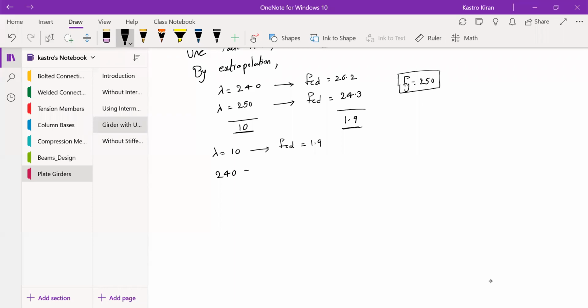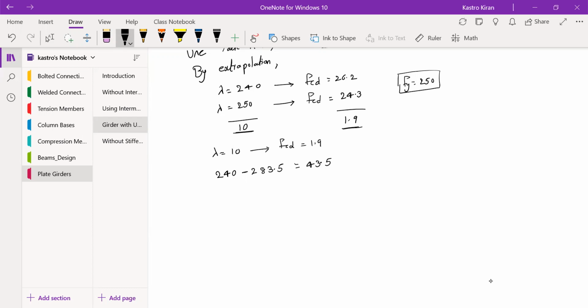So 283.5 minus 240 gives 43.5. Forget about the minus symbol, it is not required as of now. So the difference is 43.5.